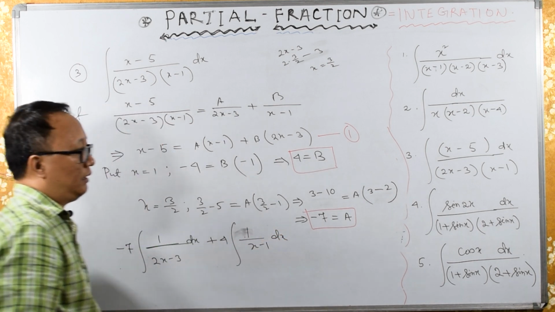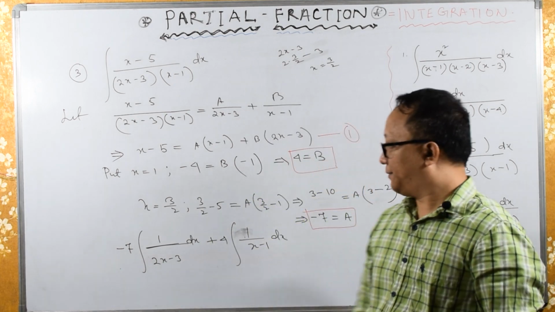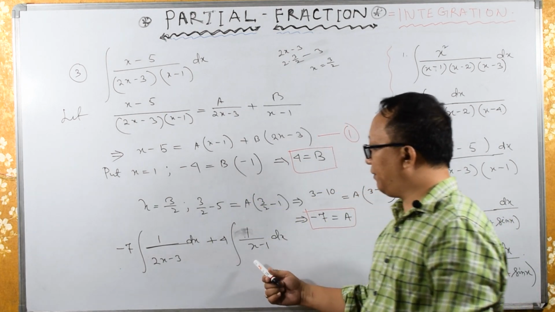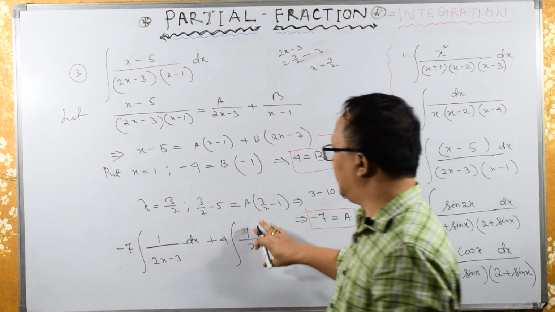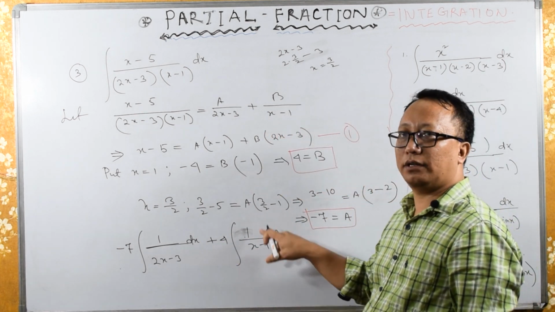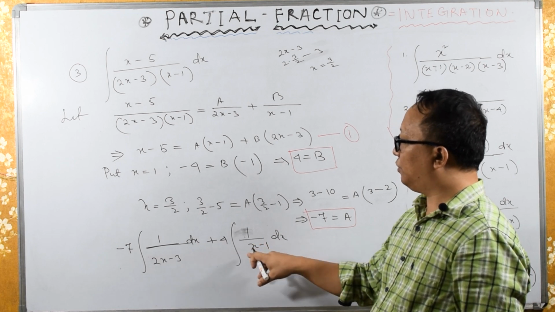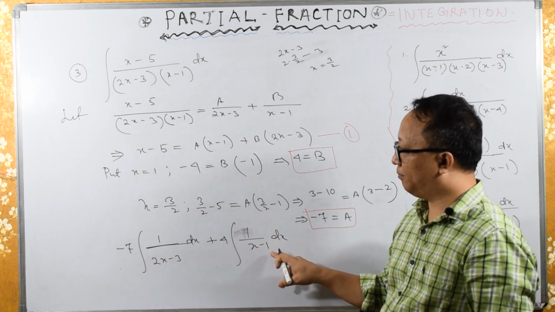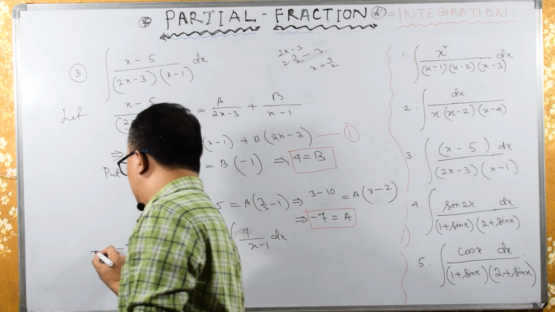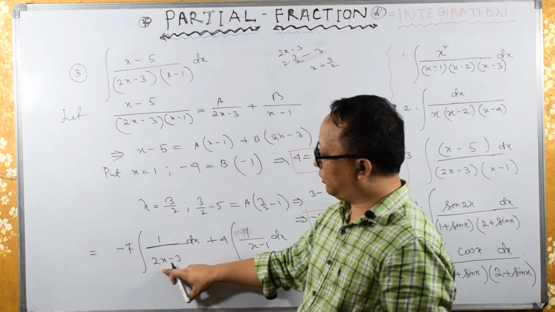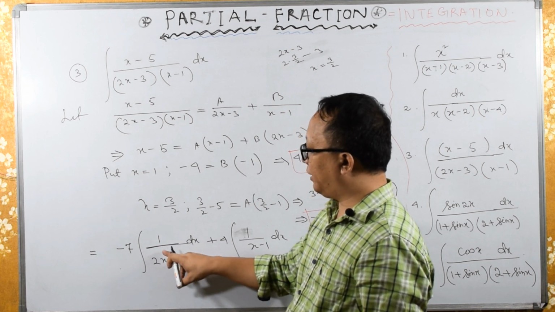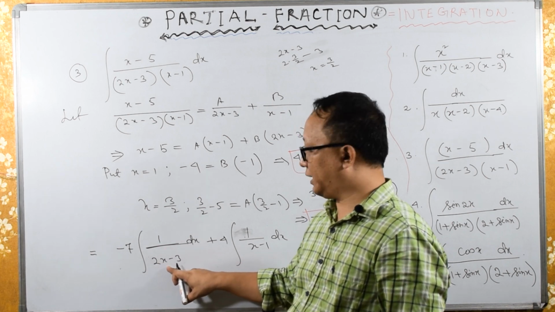For this term, if you differentiate x minus 1, you get 1. Therefore this integral is 4 into log of x minus 1. But for the other term, if you differentiate the denominator, the differentiation of 2x minus 3 is 2.